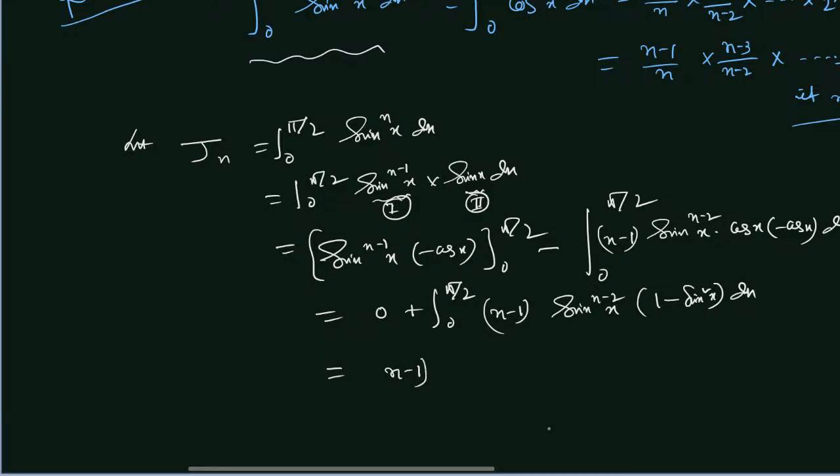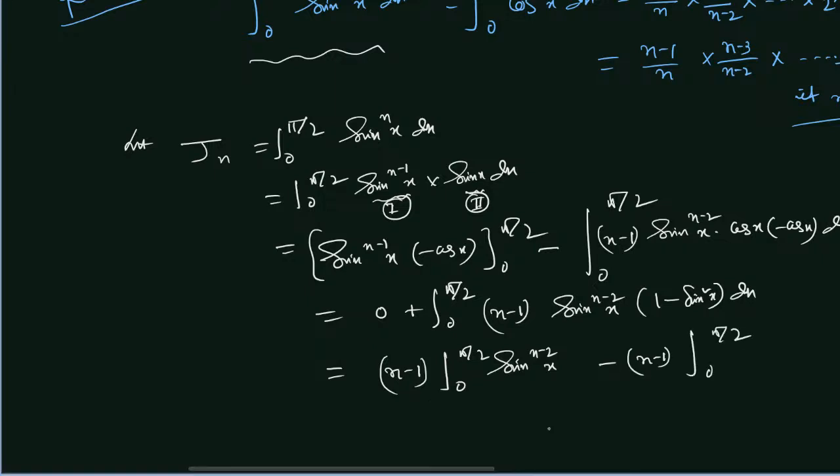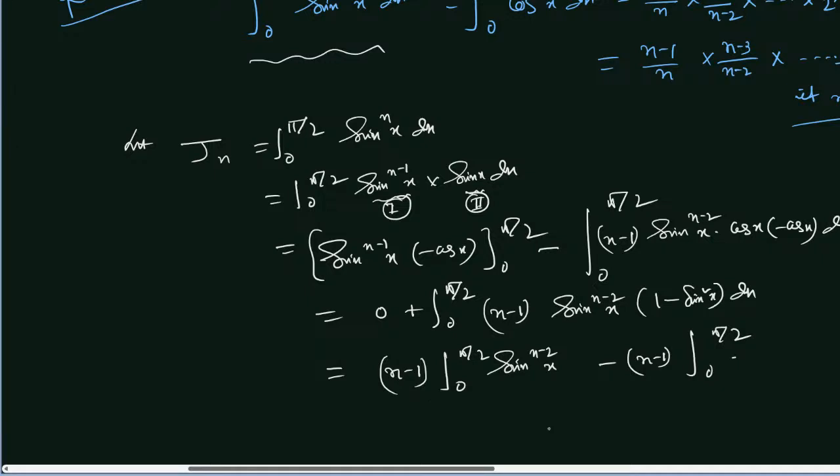You'll get the benefit of remembering the formula here. I can assure you. Sine to the power n minus 2 x, minus (n minus 1) sine to the power n minus 2 into sin square gives sine to the power n x. Do you see something over there? The chain we started with, we got it back.